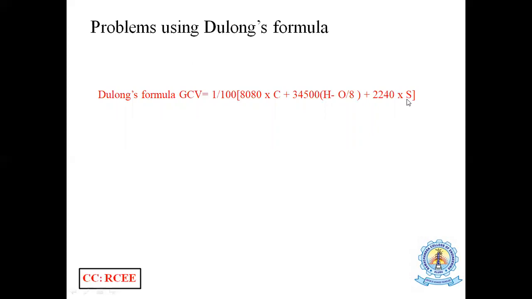So this is the Dulong's formula, right? By using this formula, we can calculate the calorific value for problems.